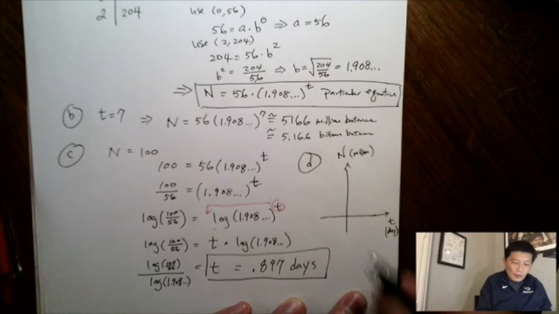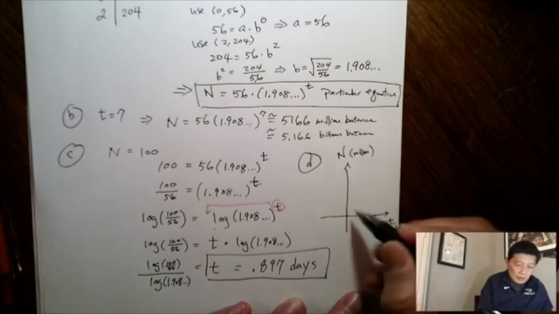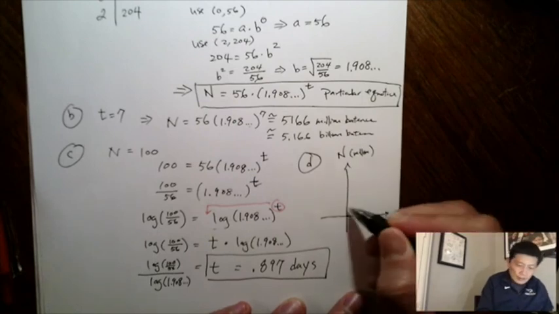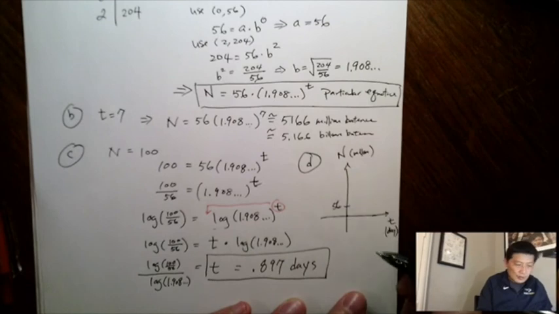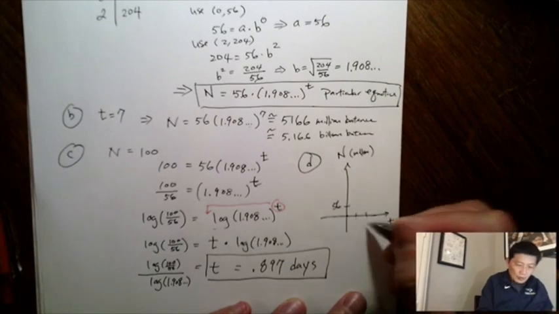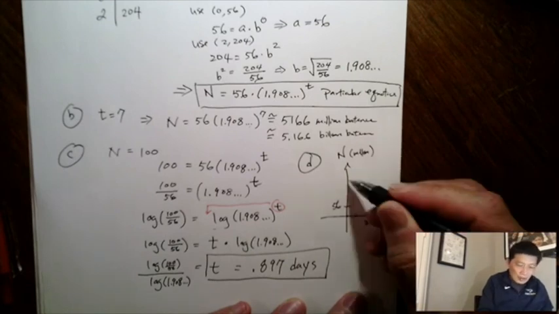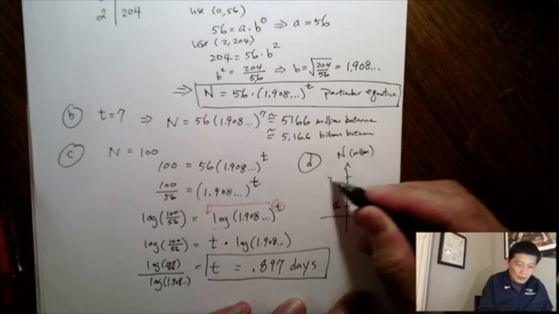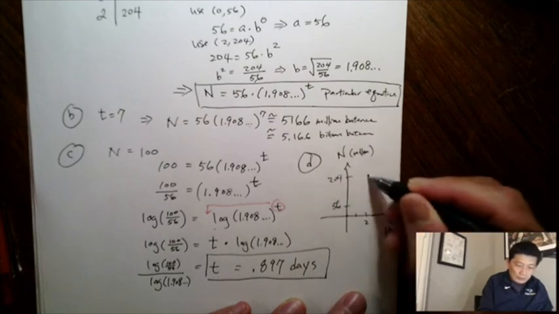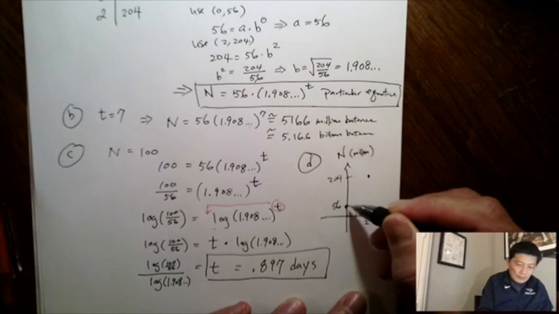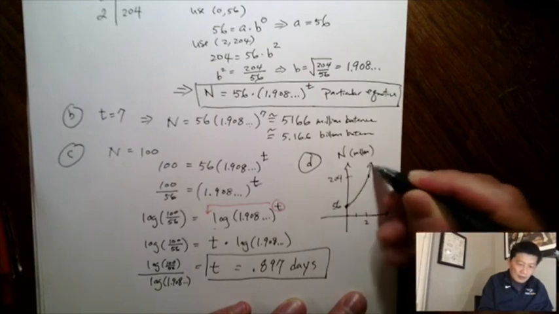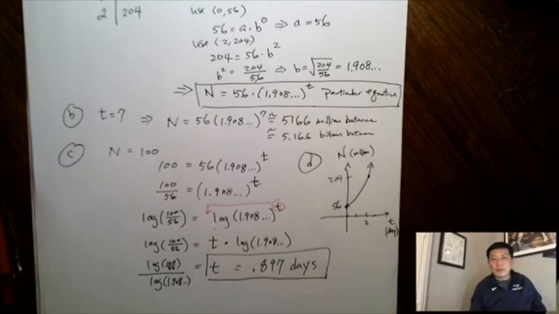And I know that at t equal to 0, we have 56. 2 days later, we have 204. Right? And so this is an exponential function right there.